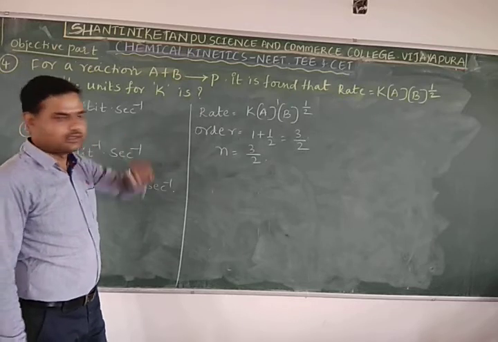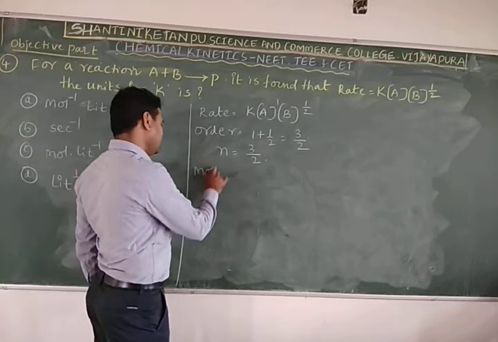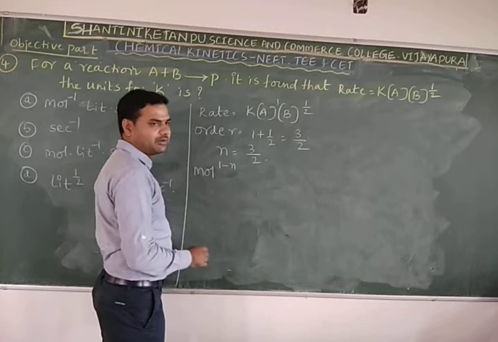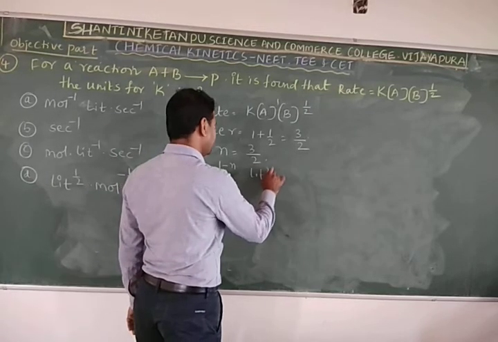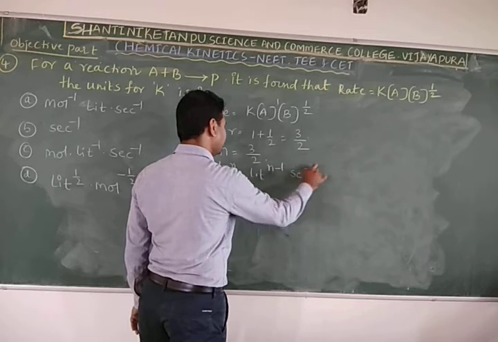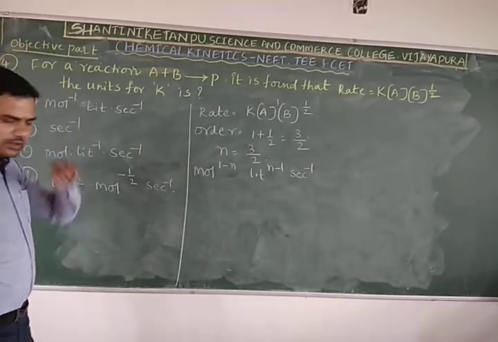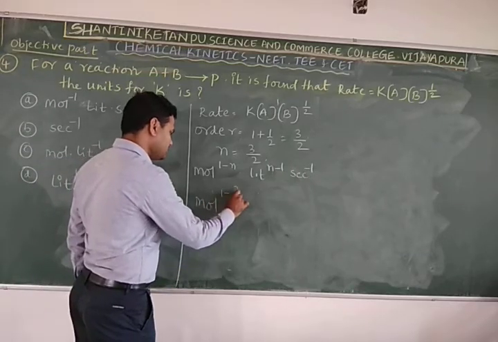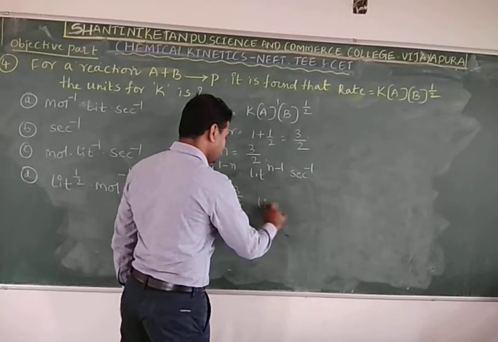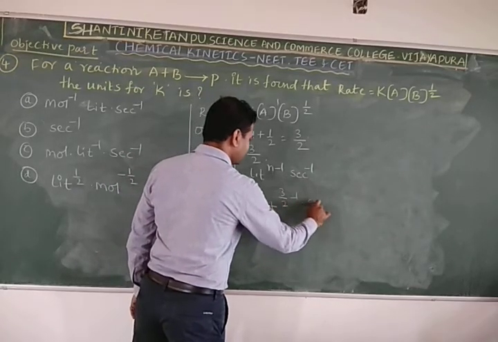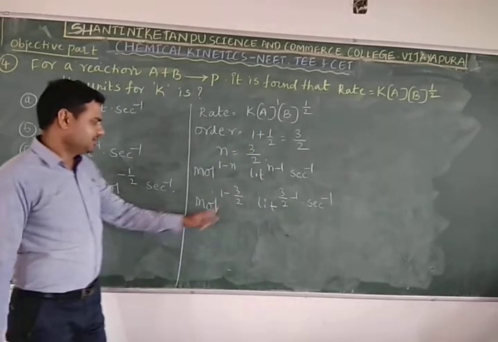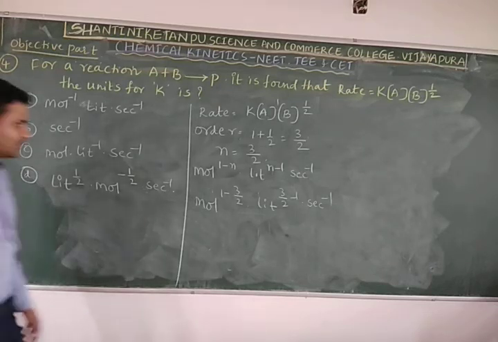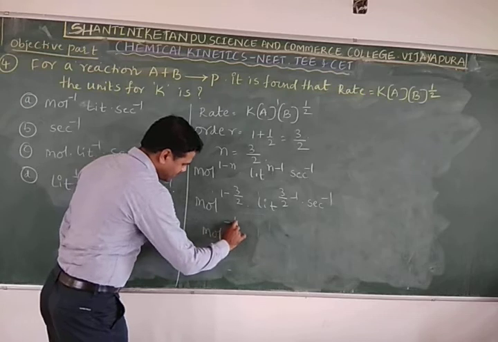Now I am substituting the given rate equation in the formula. To calculate the rate constant units, we have one generalized formula that we took already in the previous question: mole to the power 1 minus n, liter to the power n minus 1, per second. Substituting the n value, mole to the power 1 minus 3 by 2, liter to the power 3 by 2 minus 1, per second. Mole to the power 1 minus 3 by 2, that is 2 minus 3 by 2, becomes mole to the power minus 1 by 2.